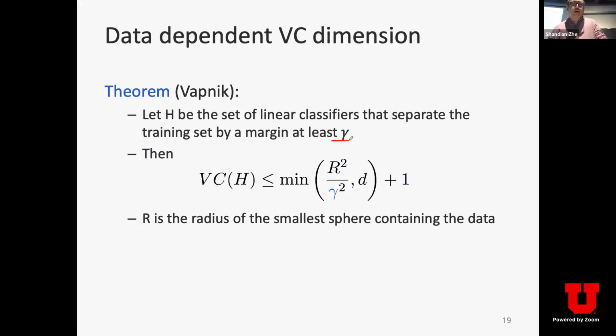Then the VC dimension of H is upper bounded by this: 1 plus the minimum between the number of features D and R squared over gamma squared. Gamma here is just the margin we use to construct H, and R is the radius of the smallest sphere containing the data. Remember, in the Novikoff theorem, R is the maximum length of the input feature vectors.